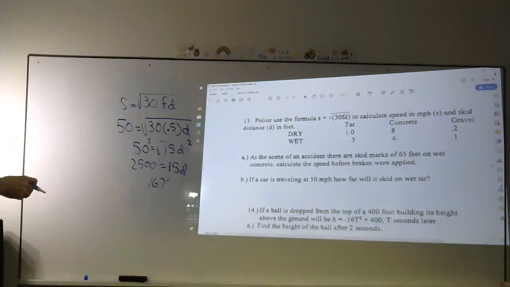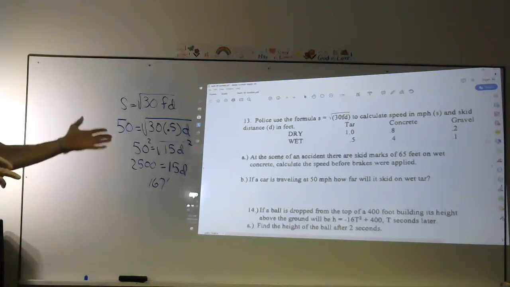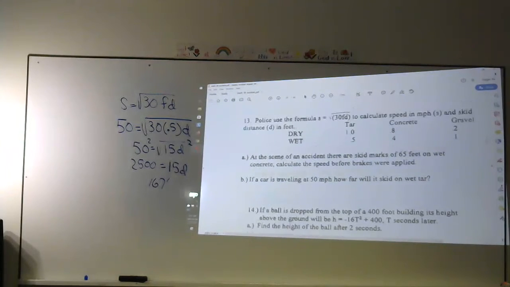Okay, 167 feet, which is about half of a football field, right? All right, you're going to skid. You're really flying. You hit the brakes really hard on wet tar, and you're going to slide for quite a while. All right, so very fascinating what you can do if you know how to use squared terms and square roots.